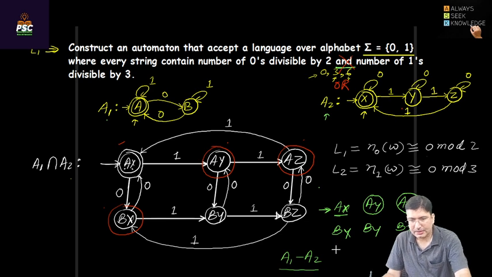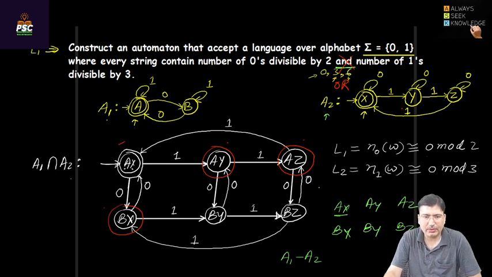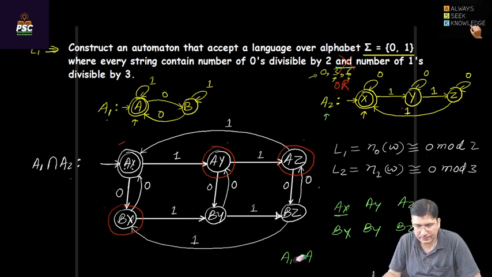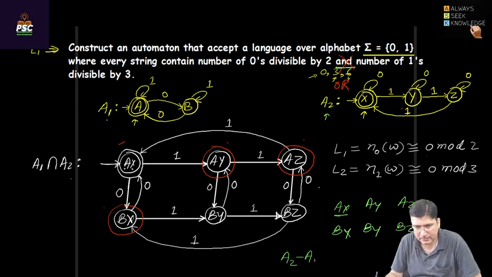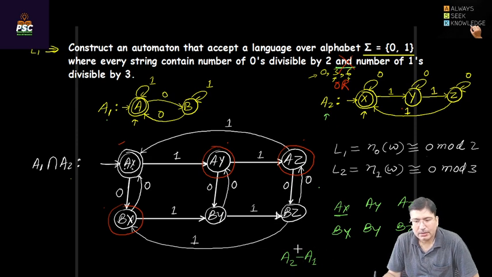Now let's discuss A2 difference A1. If we are calculating A2 difference A1, then the meaning is almost similar. All those strings that are accepted by A2, but not accepted by A1, will be part of the resultant language, right?